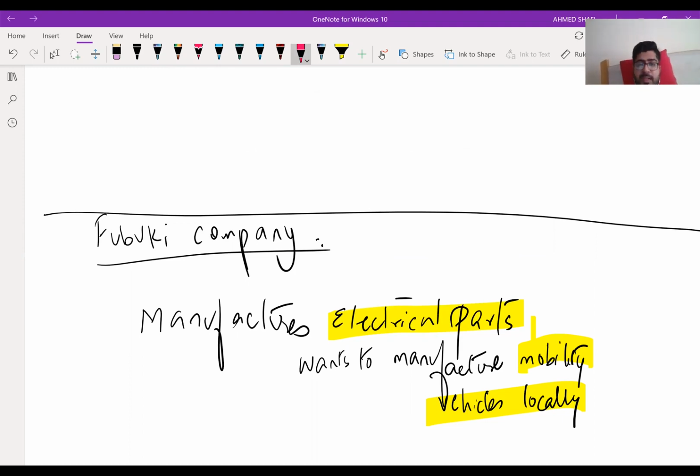It is making parts, and wants to manufacture mobility vehicles. This is a case of diversification. However, if we're still unclear whether it's diversification or not, I always told you that you need to read the question till the end. If any proxy data is given, that confirms it's diversification, okay?